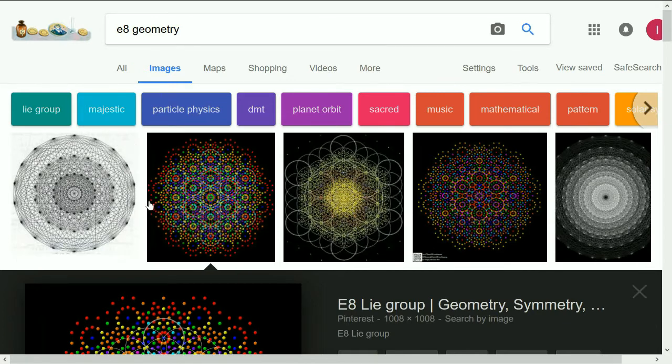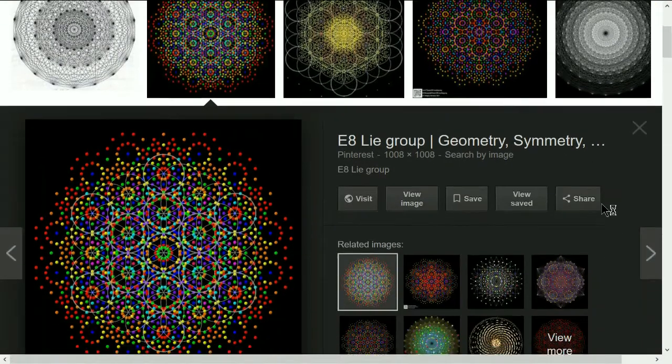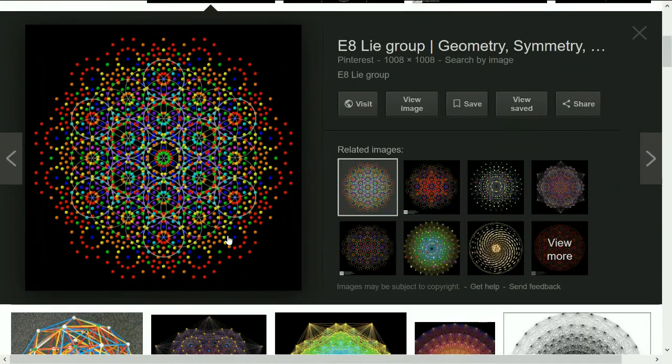And look at them. Here's Metatron's cube. This is the flower of life at Abydos. Here's a Lie group geometry symmetry right here. And you can also figure out the tree of life of the Kabbalah right there in the center.